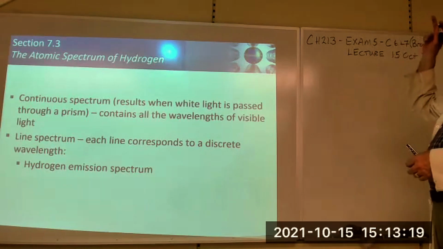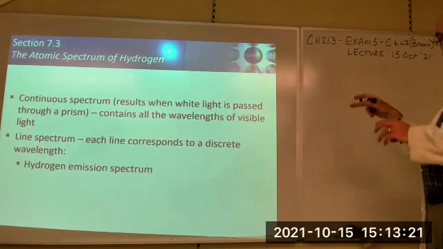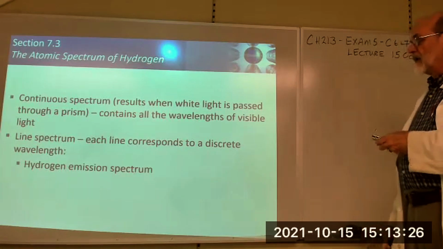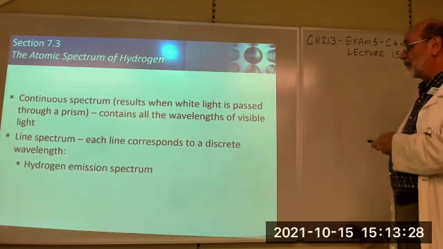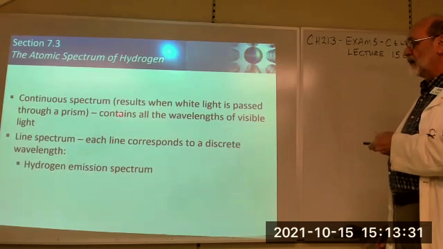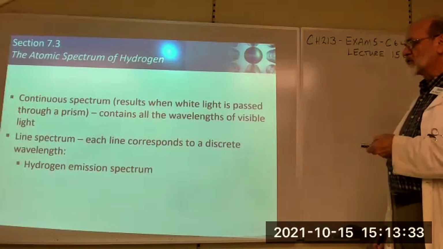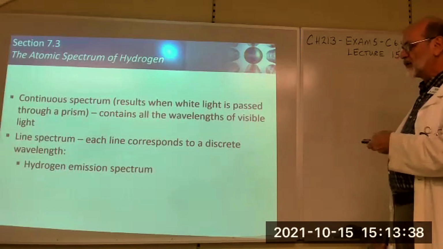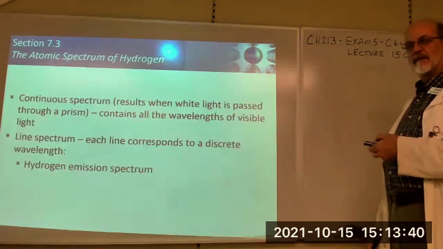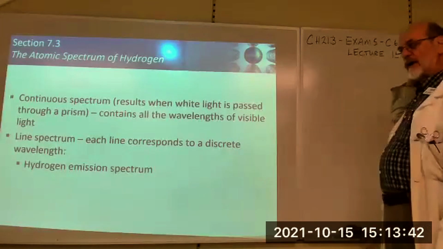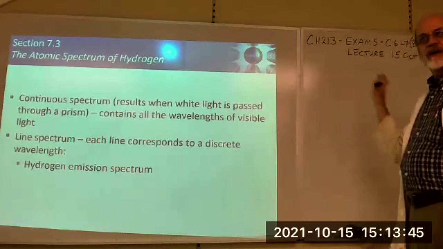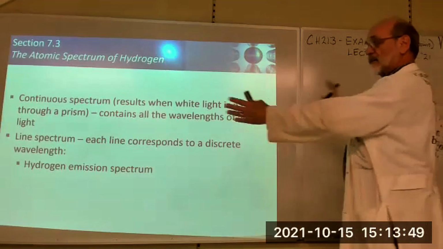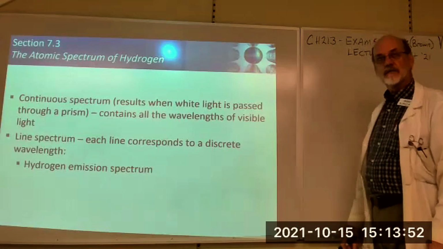Anyway, when we look at these spectra from light emissions from excited atoms, we notice that sometimes, particularly from sources like the sun, but we can artificially produce these in the laboratory, we produce a continuous spectrum. They go from red all the way to violet and no breaks whatsoever. And we've learned since then that that can extend into the non-visible parts of the spectrum.